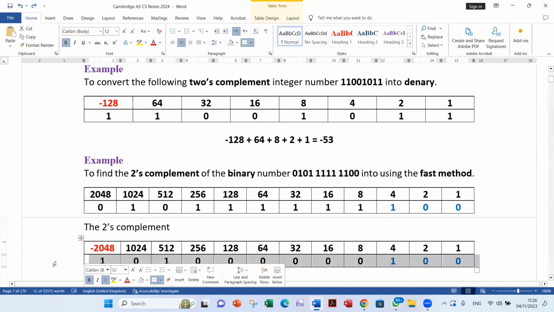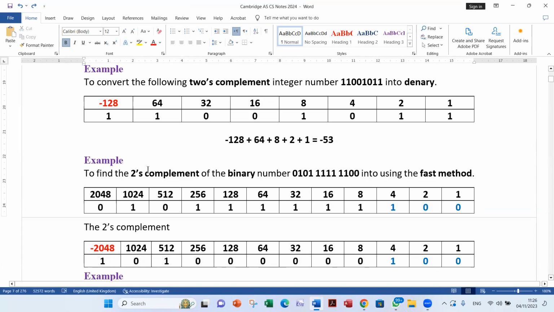After computing the 2's complement of it, it will be exactly the same value as above with a negative sign, because finding the 2's complement is just negating a number, making it negative.